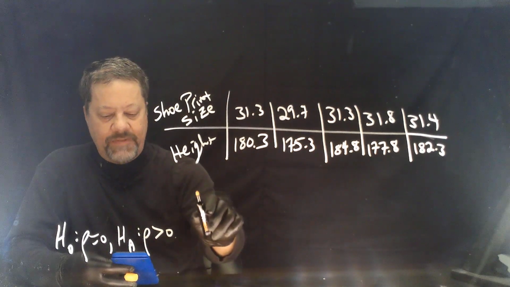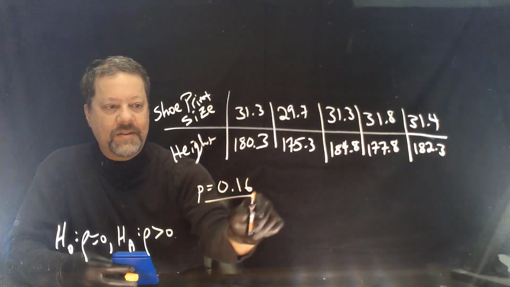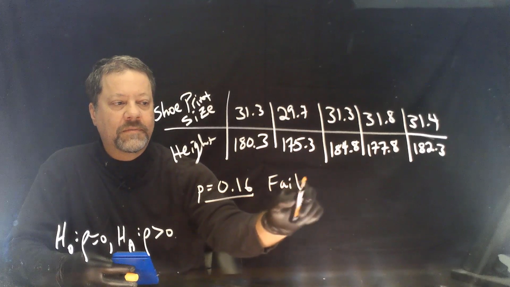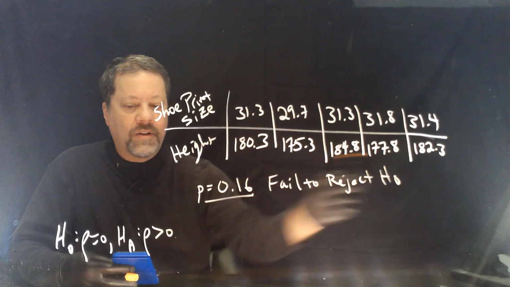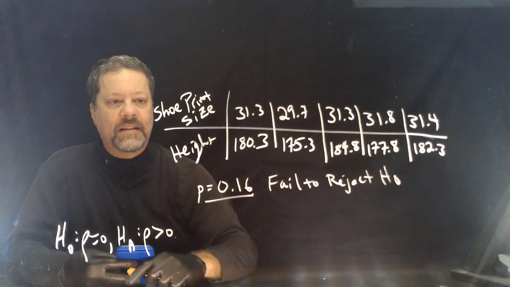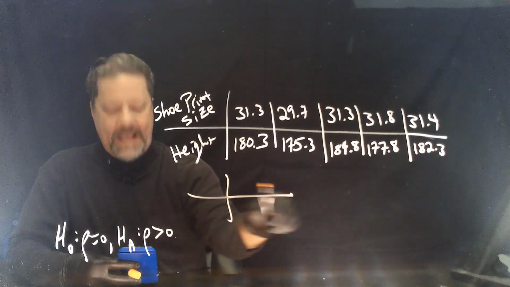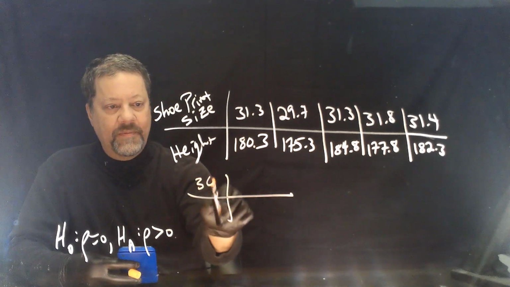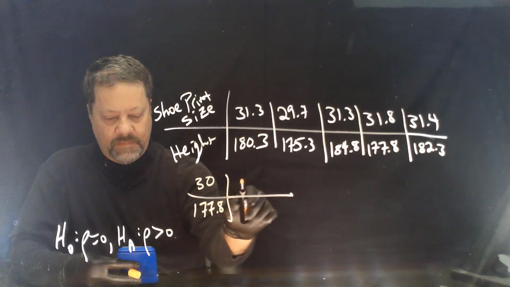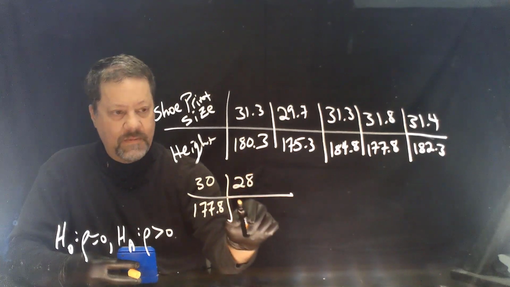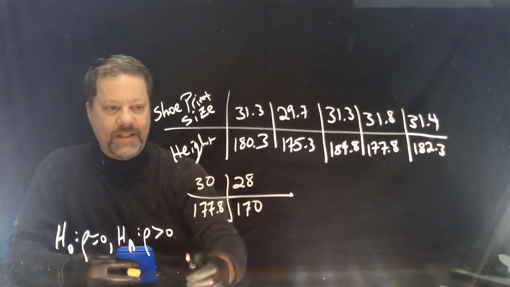We get a p-value of 0.16, so we fail to reject the null hypothesis that these are not linearly related. However, let me add 2 more points to this data: 30 and 177.8, 28 and 170.